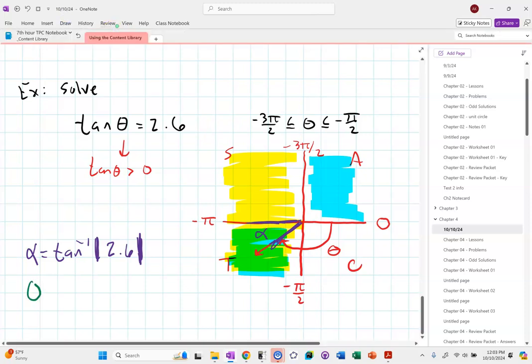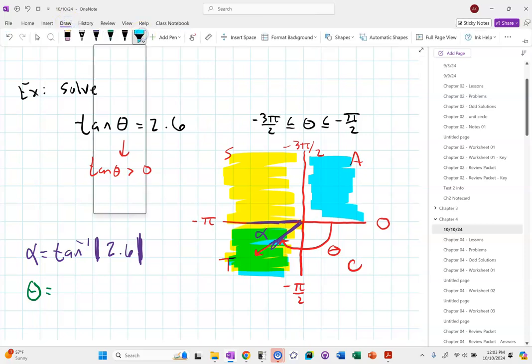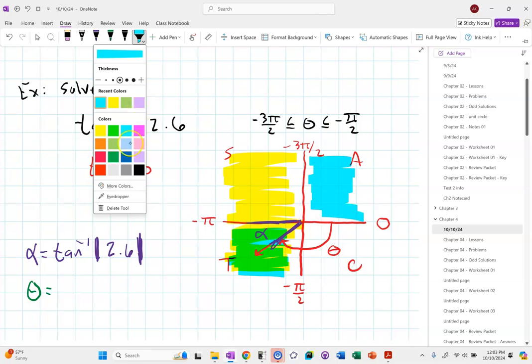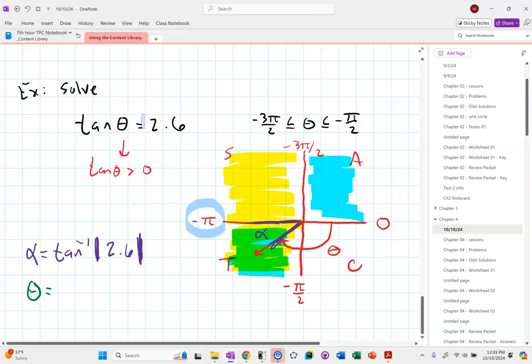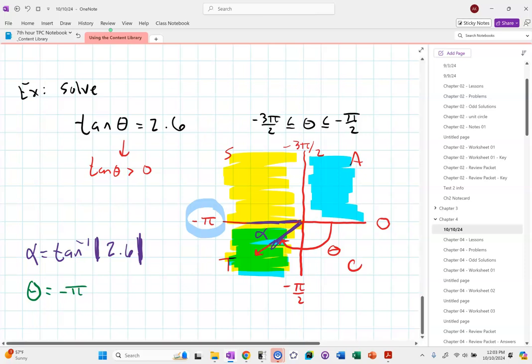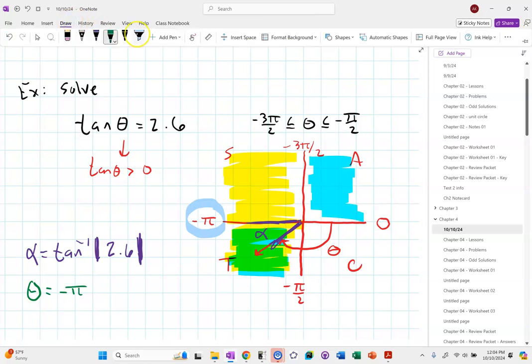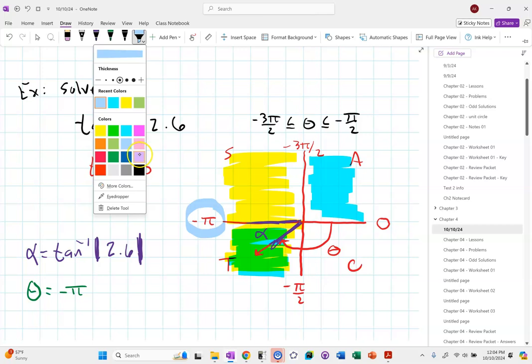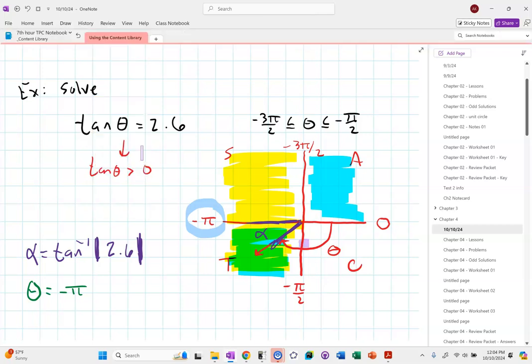And now let's write our equation for theta. Theta equals the part of the x-axis that makes up my alpha. Then I look at what the last axis I crossed was, which is the y.